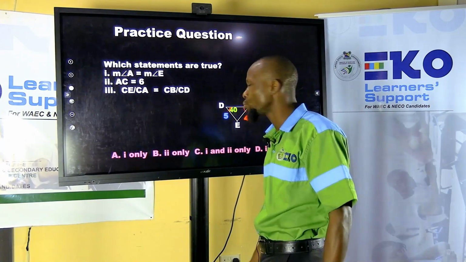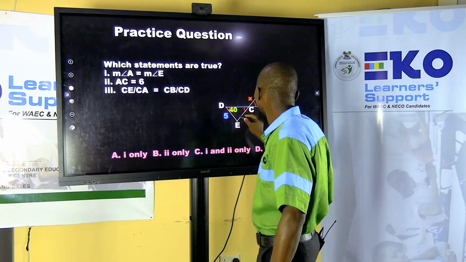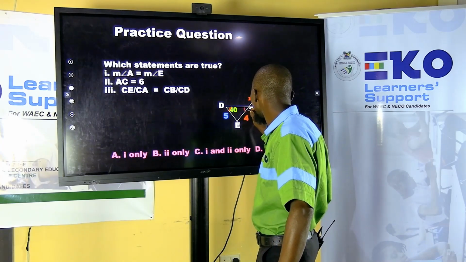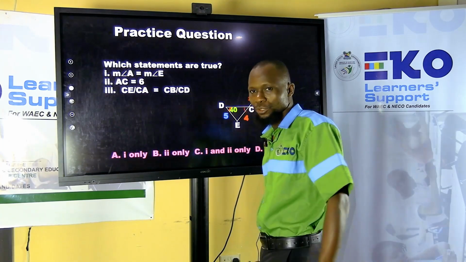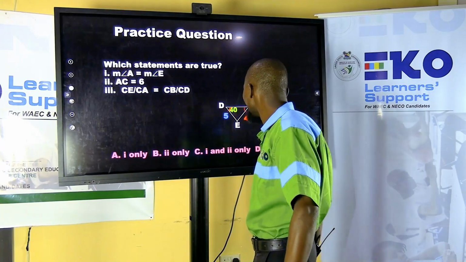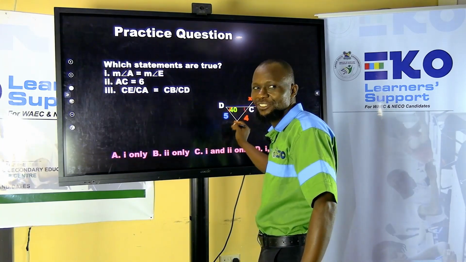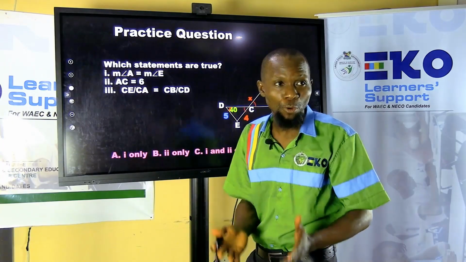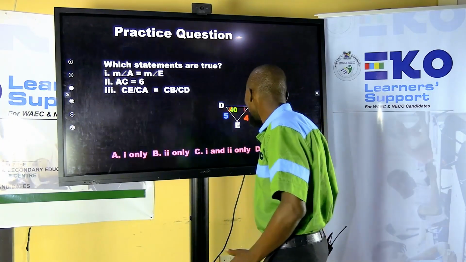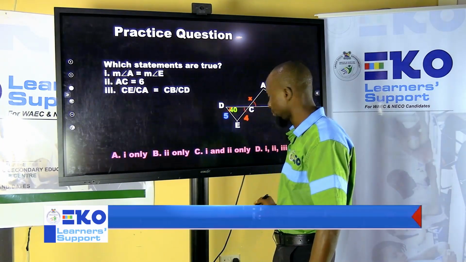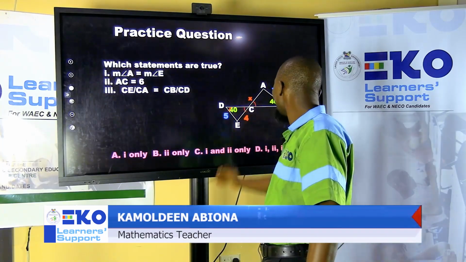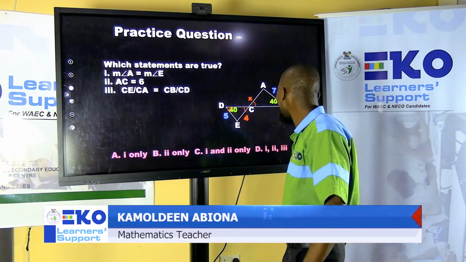So that's mark 2. And the third one, they did not give us anything about. So they have given us two angles and a non-included side. It means they are congruent. Let's see how we can observe that they are congruent.